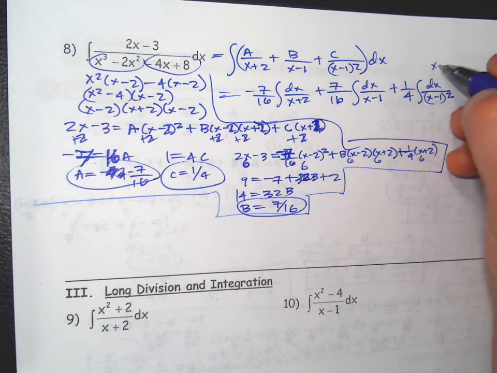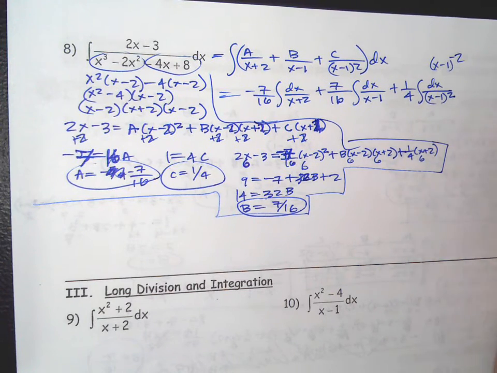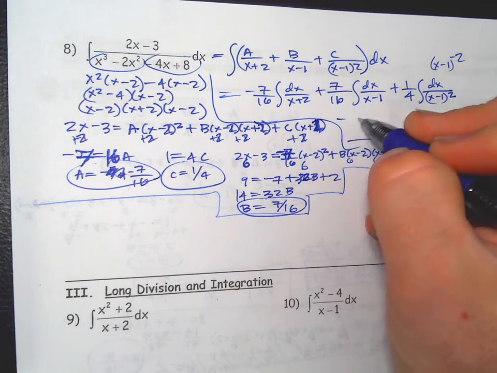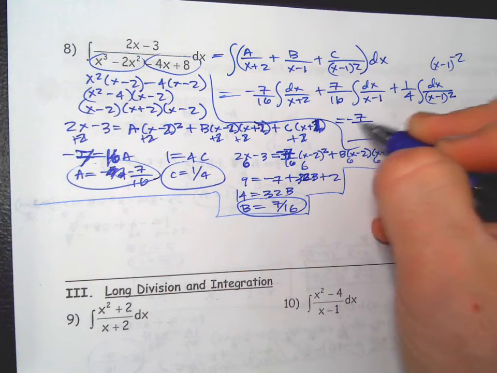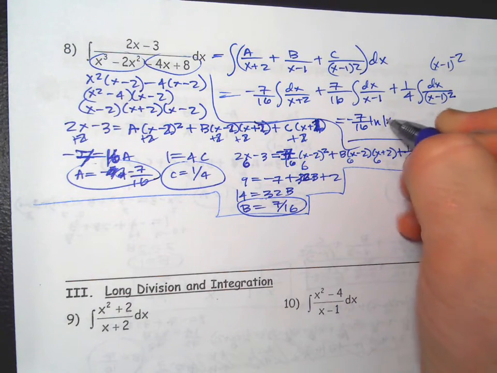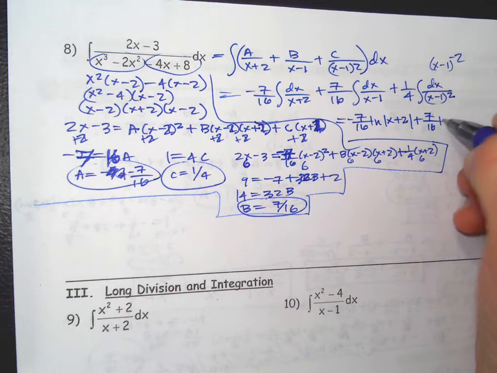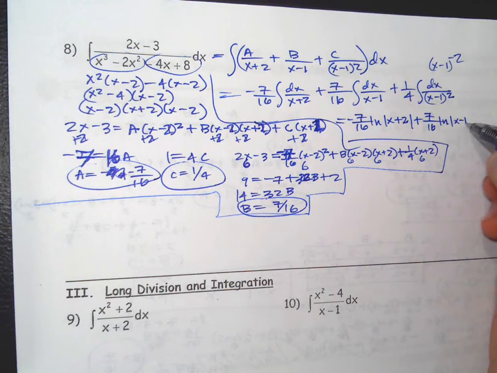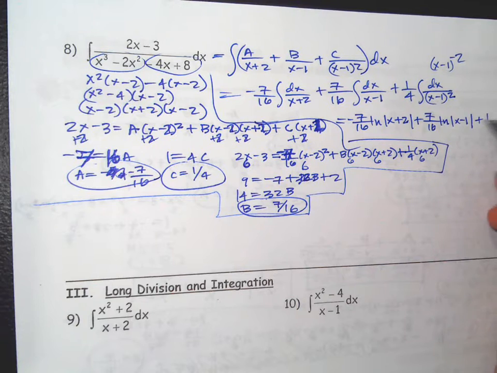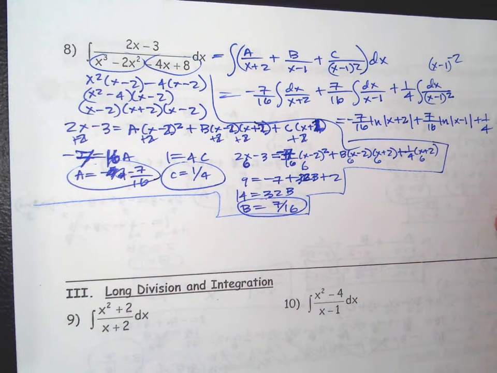So this is the same thing as x minus 1 to the -2. So we're going to get negative 7/16 natural log of the absolute value of x plus 2 plus 7/16 natural log of the absolute value of x minus 1 plus 1/4 x minus 1, bump it up, divide by the new exponent, plus c.